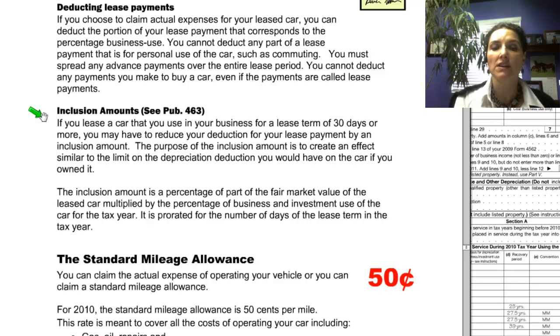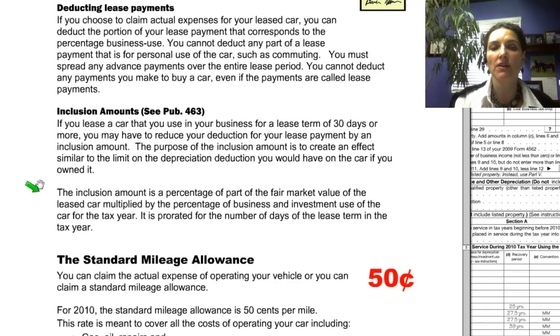The purpose of the inclusion amount is to create an effect similar to the limit on the depreciation deduction that you would have on a car if you owned it. The inclusion amount is a percentage of the part of the fair market value of the leased car multiplied by the percentage of business and investment use of the car for the year.